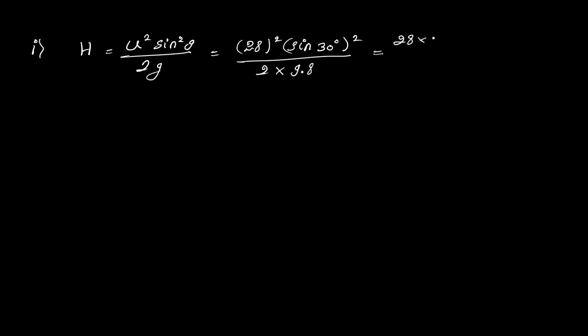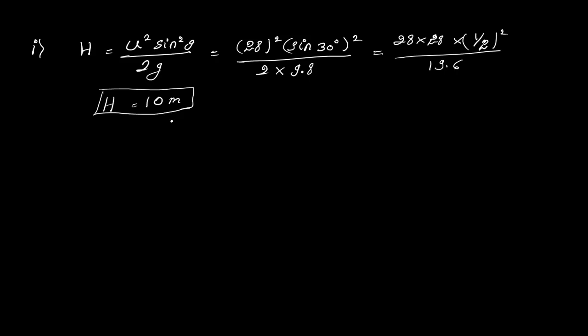We get 28 into 28, and sine 30 is 1 by 2, the whole square, divided by, how much does it come? 19.6. Solve for this. I get the h value near to 10 meter. So this is the maximum height traveled by the cricket ball.